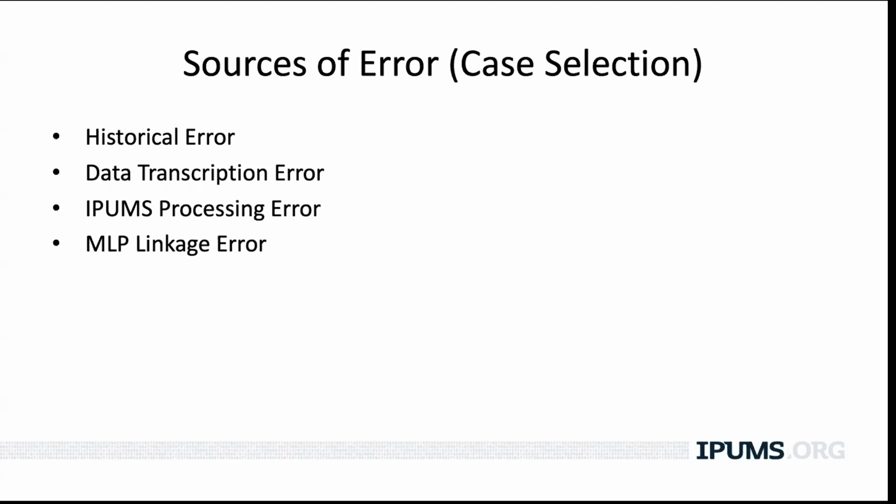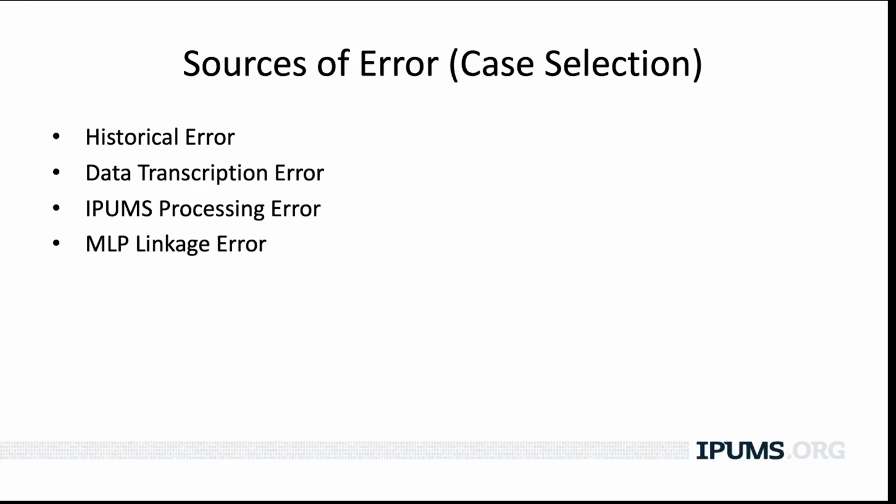Because of allocation processes, it's possible that you'll get information that is not going to be consistent. That's not an error in the sense that it's wrong. Because the data was missing, we basically made our best guess at what we think it is. One way you can analyze that is downloading the flags in the extract system, which will allow you to understand whether a case was allocated or not for a particular response.